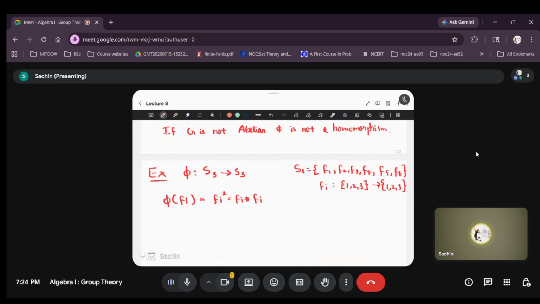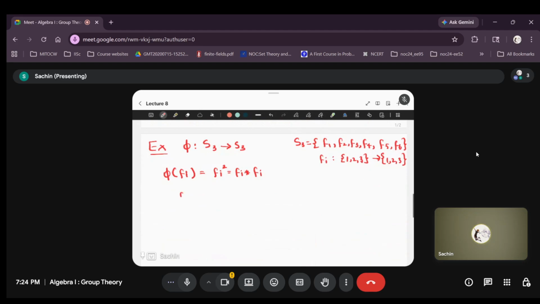Now, if you check, you take F2 and F3. F2 was the function which fixed 1, sent 2 to 3, and 3 to 2. F3 was the function which sent 1 to 3, or maybe it was different, but we'll take this as F2 and F3 for this example at least.